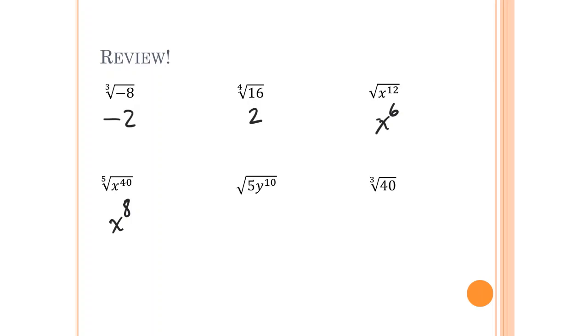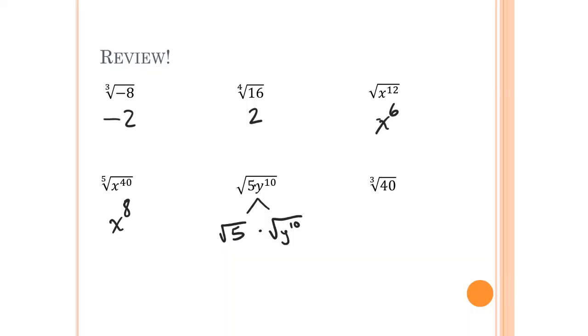The next one there's the square root of 5y to the 10th. And this is sort of the review of the product rule for radicals, which says if you've got a product, which we do, 5 times y to the 10th, inside or as a radicand, you can actually split that product up like this. And why we want to do that is because we can actually simplify the variable part of that.